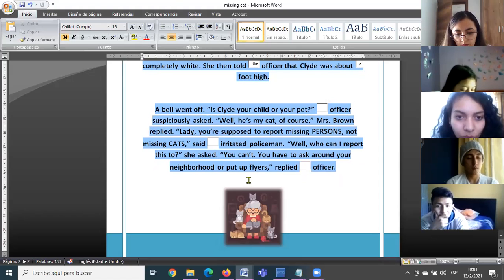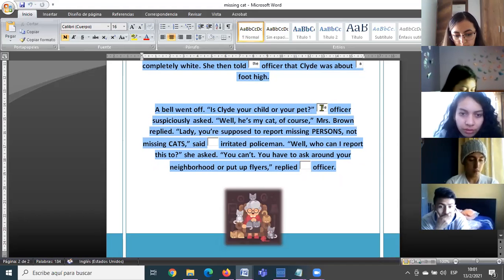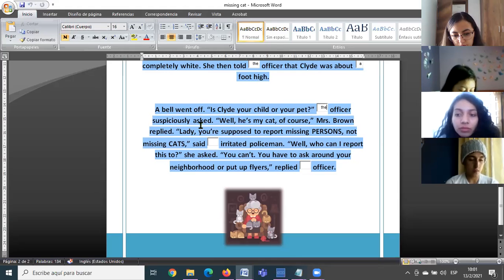Is Clyde your child or your pet? the officer suspiciously asked. Well, he is my cat, of course, Mr. Brown replied. Lady, you're supposed to report a missing person, not a missing cat, says the irritated policeman.